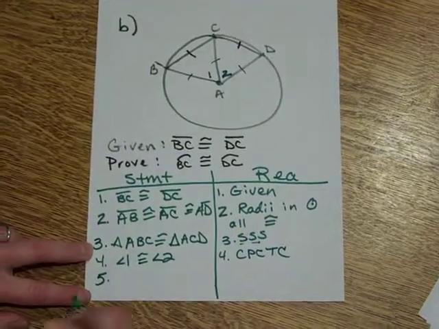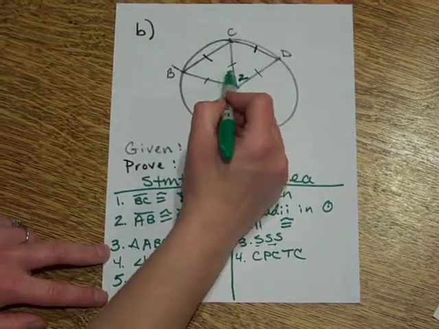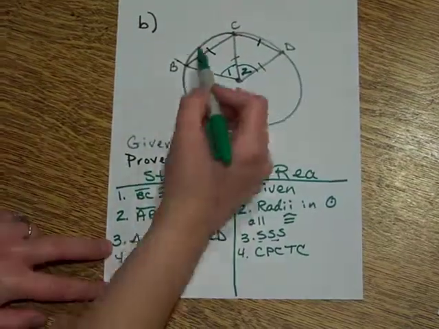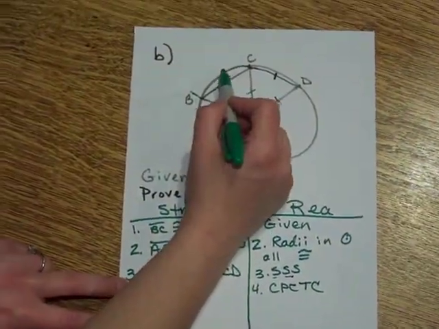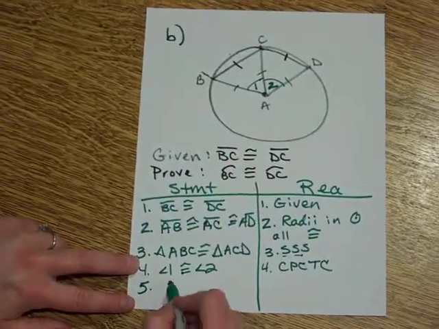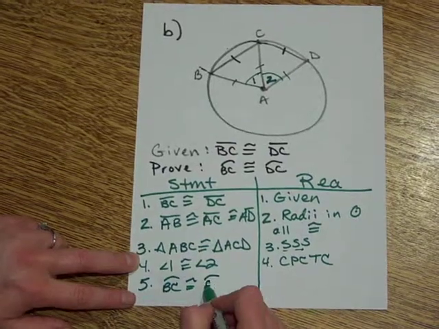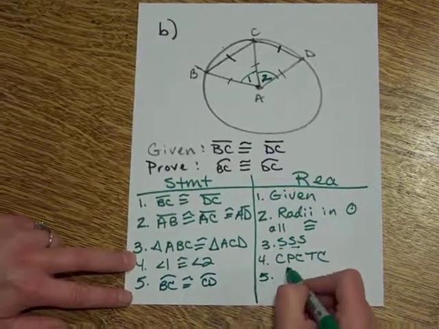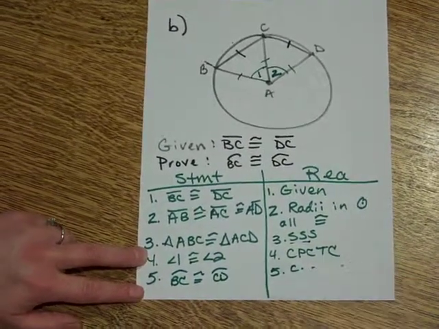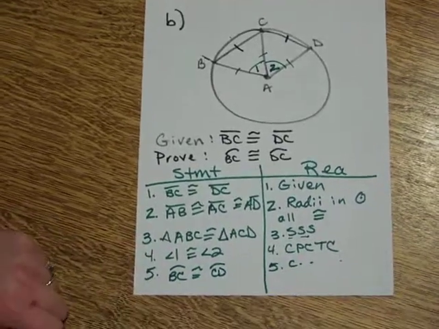Finally, if I have congruent central angles, which we've proven, then the arcs that they intercept are congruent. Arc BC is congruent to arc CD, because the central angles are congruent.